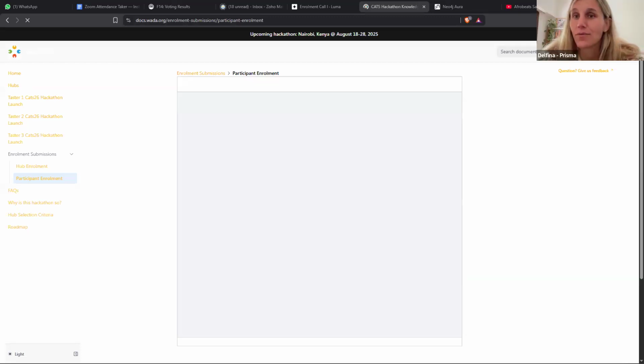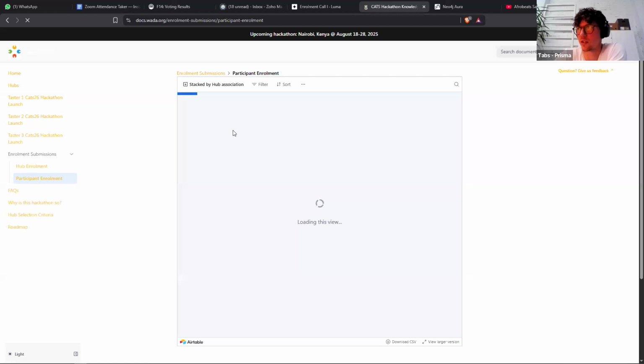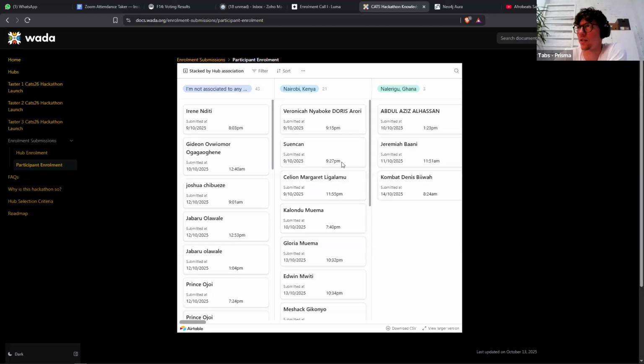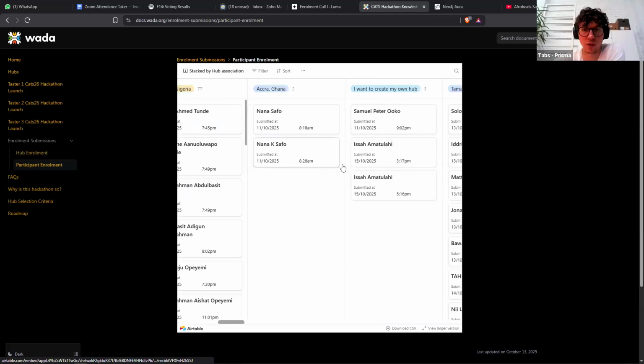Tabs is going to answer that question, because he knows how. Yes, I just recently added a page into the docs, which is an embed of the data, and there's one for participants and one for hubs. In the participant page, you can see all of the participants categorized by hubs.